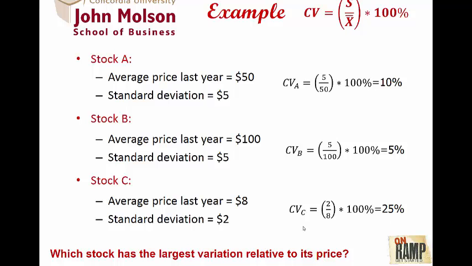So which one has the largest variation relative to its price? It's stock C. Although the standard deviation alone was smaller than the others, when we compare it to the mean, it's bigger. So the coefficient of variation gives me another measure that allows me to compare the variations between my data.